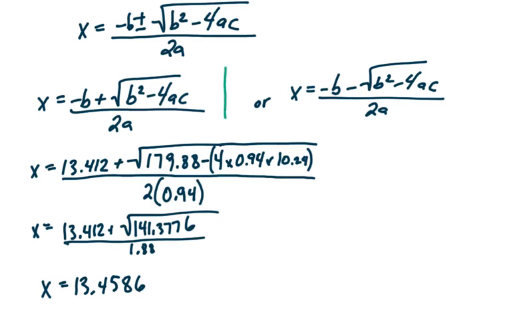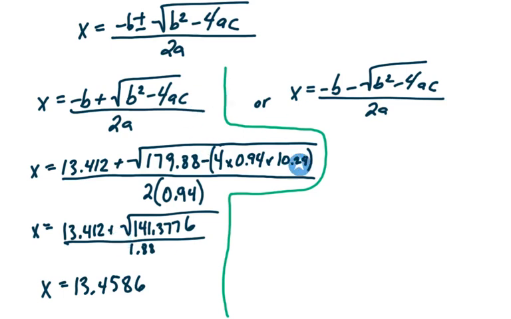So let's do the other side and figure out what the other possibility for x is. We've already done this and this, so I'm just going to copy it over here. The only thing different is that this is minus and this is plus. Okay, so these values should still be the same until we get to the very end. Okay, and we change that plus to a minus.